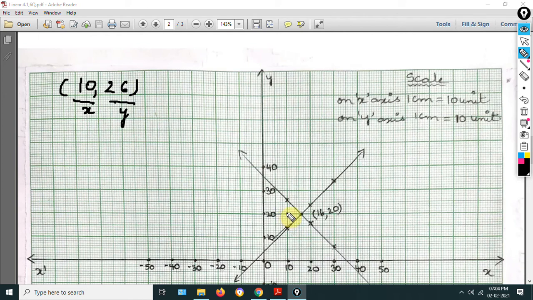So 10, next point will be 21, next 22. You may get why we are increasing 1. In the previous video, we were increasing only 0.1, 0.2, 0.3 like that. How should we increase here? Because here, how much scale did we take? 10. We are increasing 10, 10. So what we have to do?